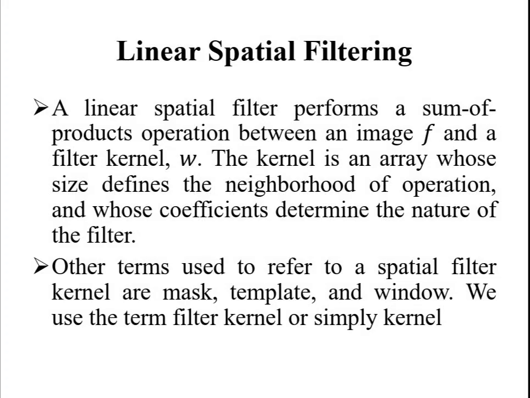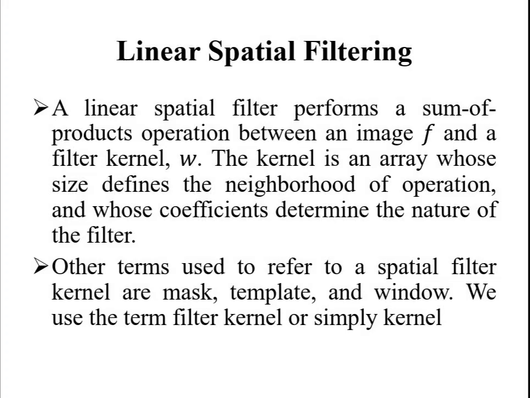A spatial filter consists of a neighborhood, typically a small rectangle, and a predefined operation that is performed on the image pixels encompassed by the neighborhood. Filtering creates a new pixel with coordinates equal to the coordinates of the center of the neighborhood and whose value is the result of the filtering operation.